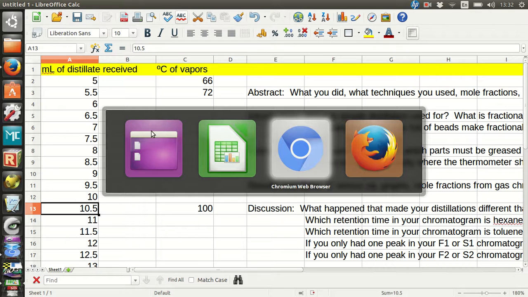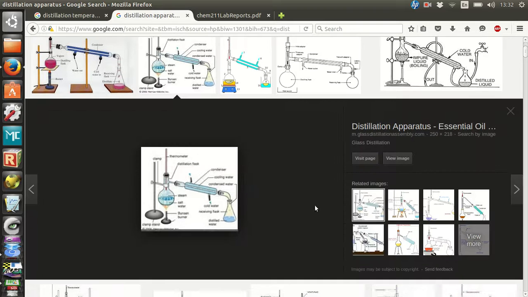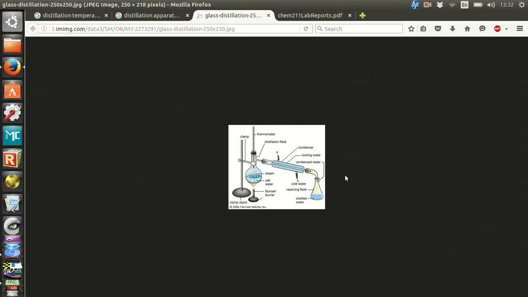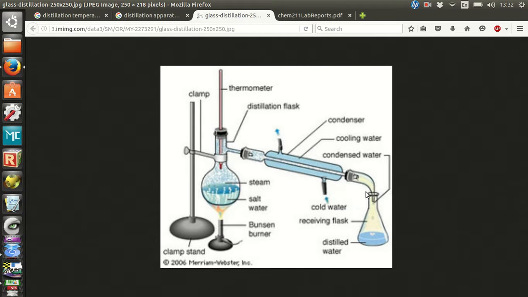Here, let me try to be a little clearer there. So, in this distillation apparatus, for example, as I collect the distillates, after it reaches maybe 5 milliliters, I start recording the temperature every 0.5 milliliters.